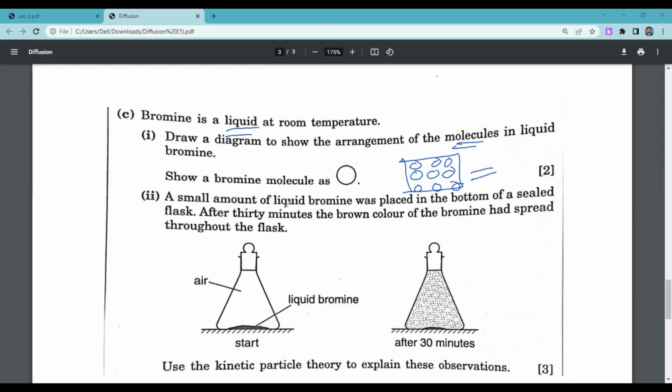The question is: a small amount of liquid bromine was placed in the bottom of a sealed flask. After 30 minutes, the brown color of bromine had spread throughout the flask. What is the reason? You know that although bromine is a liquid, liquids show the phenomenon of evaporation.